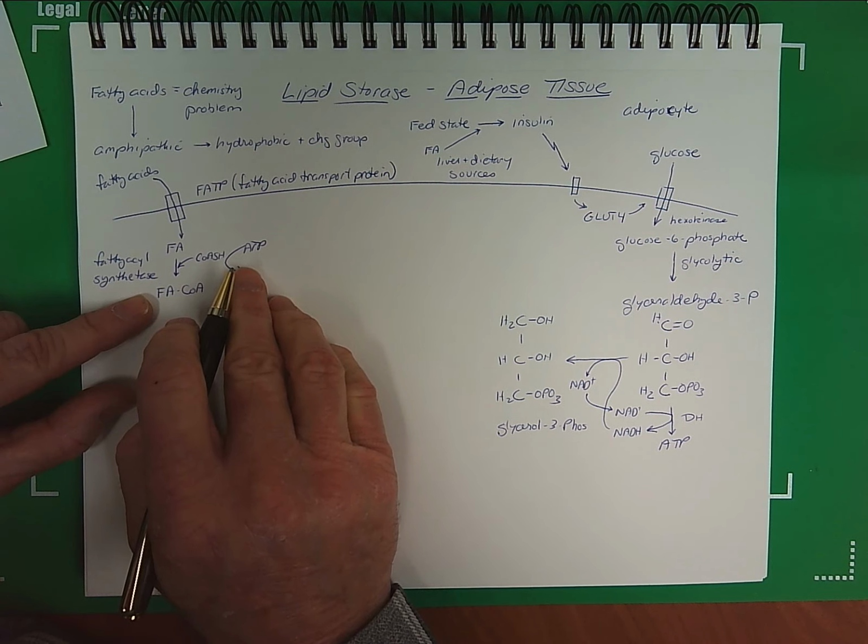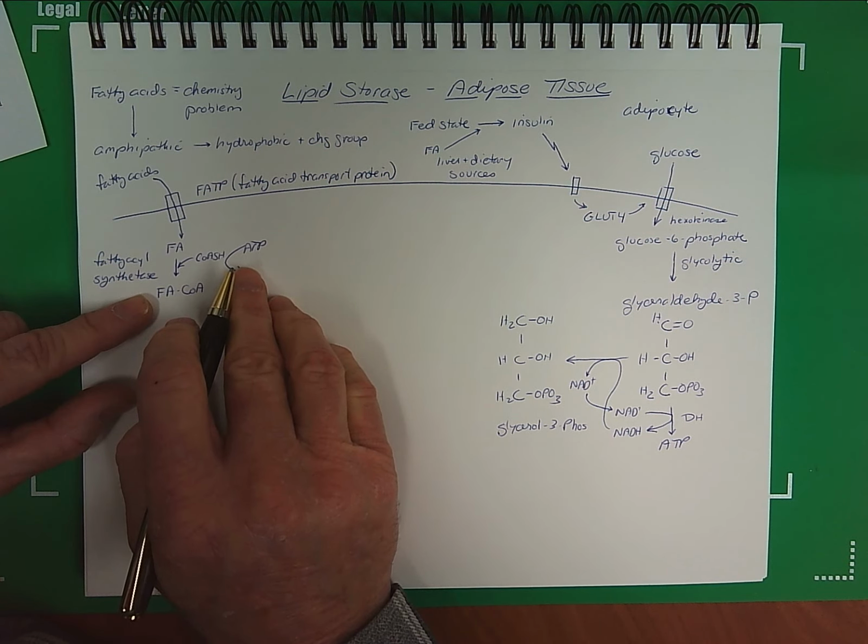Now, once we have our glycerol 3-phosphate, we have our fatty acyl CoA. Now we have all the components necessary to generate a triglyceride. And how do we make a triglyceride? Very simple steps. Here is our glycerol 3-phosphate.